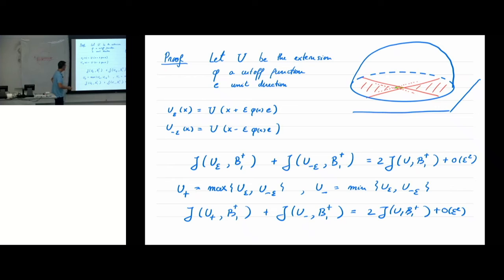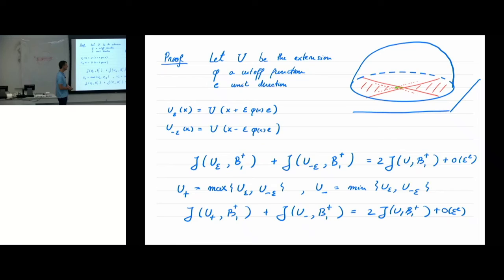Well, if I add the energy of u plus and u minus, and I do the change of variable formula, the epsilon term cancels, because that's why I'm doing two translations, one to the right and one to the left, so that the first order terms involving epsilon and minus epsilon cancel. So I'm left with errors of epsilon squared.